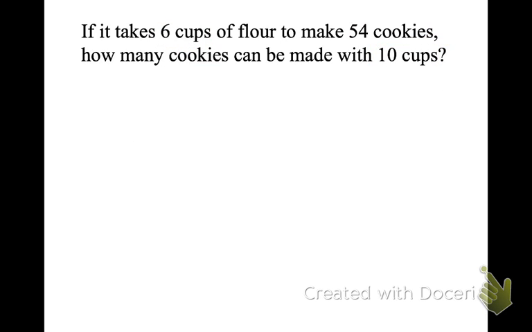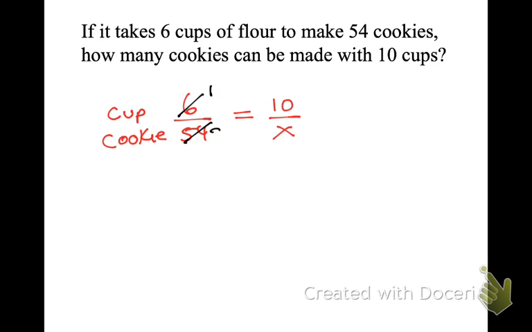Somebody also said to me, so if we're doing cups to cookies, right? And then I have 10 to x. Can I simplify the first fraction? Absolutely. 6 goes into 6 once and into 54 nine times, so that's 1 over 9 equals 10 over x.